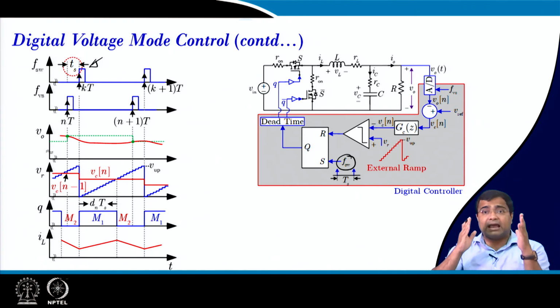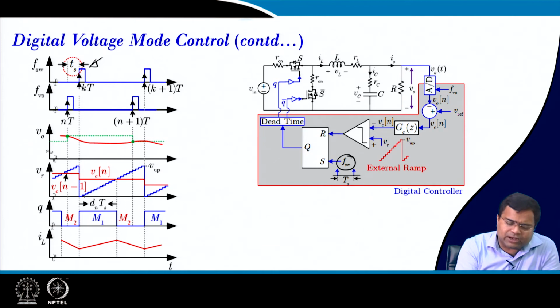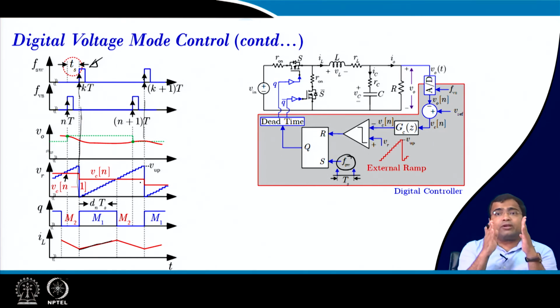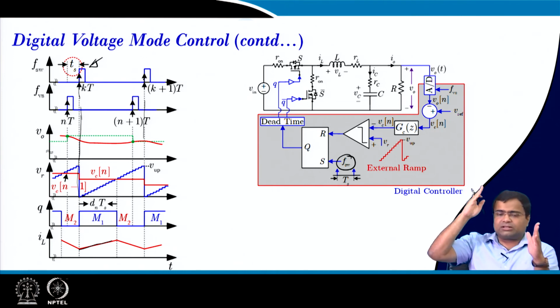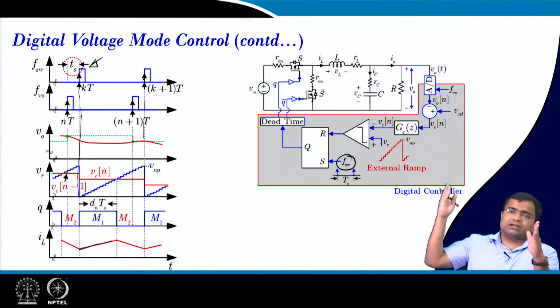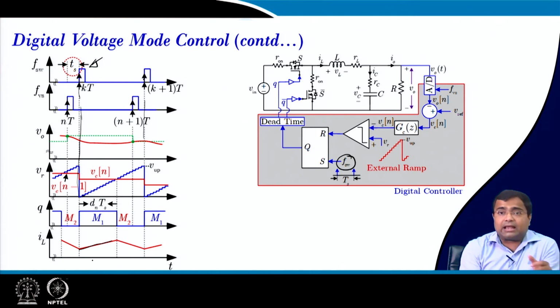This voltage mode control in analog control is a trailing edge modulation, and if you consider this almost equivalent to an analog ramp, you see whenever this switching clock comes, the switch is turned on and the current is rising, right, and the sawtooth is rising, and this sawtooth is reset again at the next rising of the switching clock. So, that means this sawtooth waveform is in sync with the switching clock, and that actually matches. That means, when the rising edge comes, the sawtooth starts incrementing, when another rising edge comes, the sawtooth is reset and again starts. And the current waveform and the converter turn on is also in sync with the clock, because it is under trailing edge modulation.